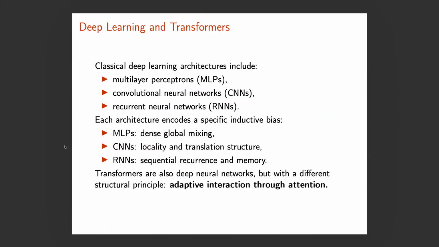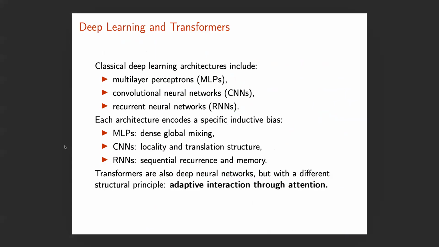What we have focused on till now is typically multi-layer perceptrons or feed-forward neural networks. We have looked at autoencoders, CNNs, and recurrent neural networks. And they have specific properties.